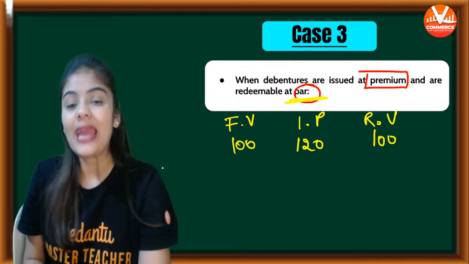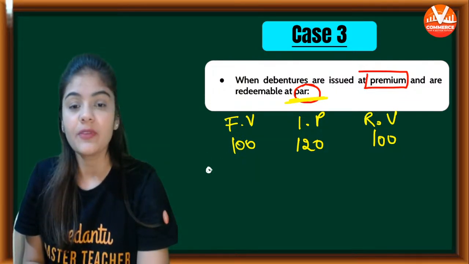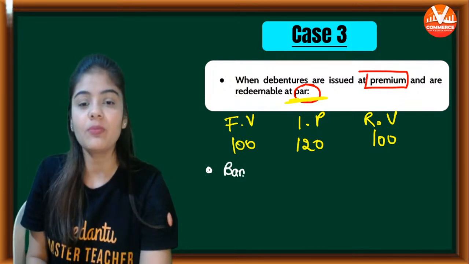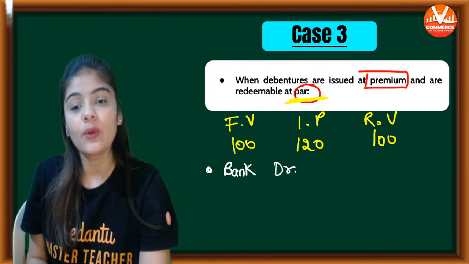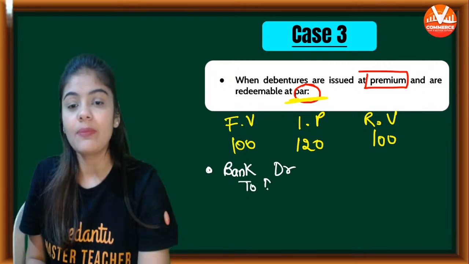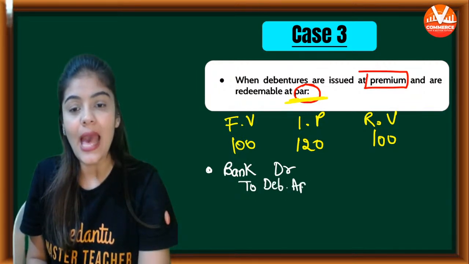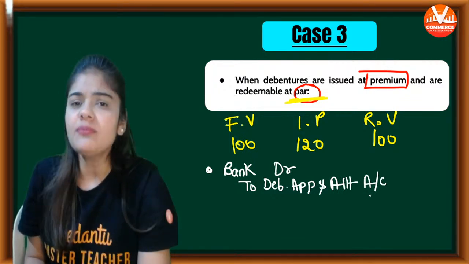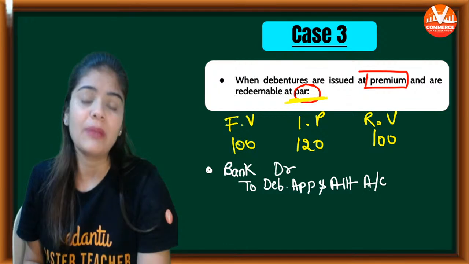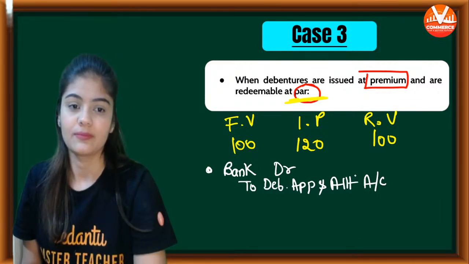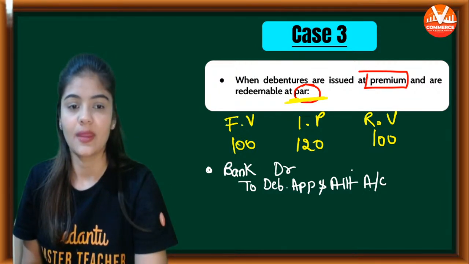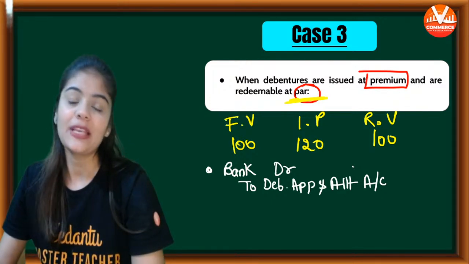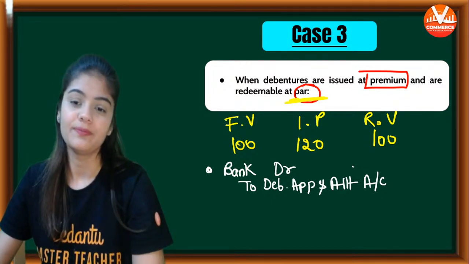Now the first entry will be same. You will receive application money, bank account debit to debenture application and allotment account. So tell me how much amount you will receive on application. कितना पैसा मिलेगा एप्लीकेशन के टाइम पे अपन लोगों को?